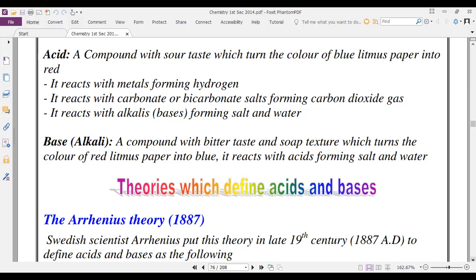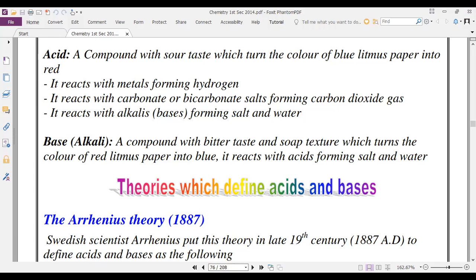This is the same touch of alkali, which turns the color of red litmus paper into blue, opposite to acids, which change blue litmus paper to red. It reacts with acids forming salt and water, and this is the same property of acids, because acids and bases react with each other forming both salt and water. Right? Right.